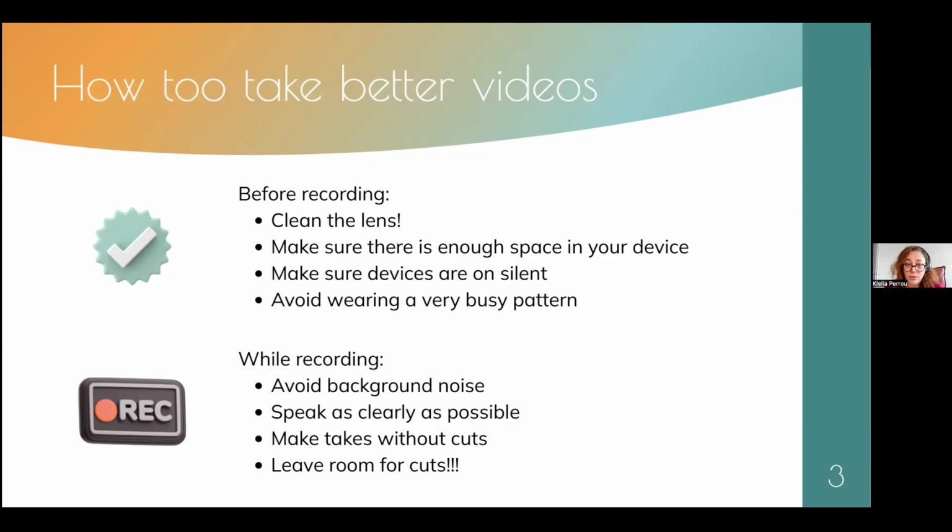While recording now, as we said, avoid background noise and speak as clearly as possible. A small trick is to make takes without cuts, so you can edit after. When we say leave room for cuts, what I mean is, when you know you're going to cut somewhere, for example where there is a question and you answer, leave a bit of dead space.